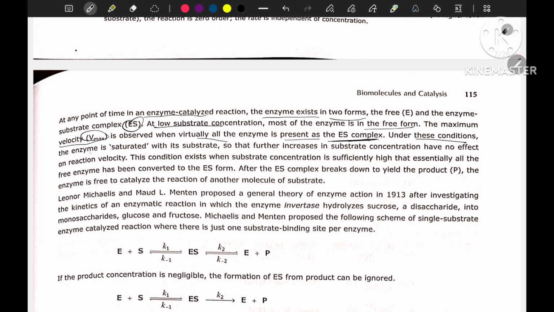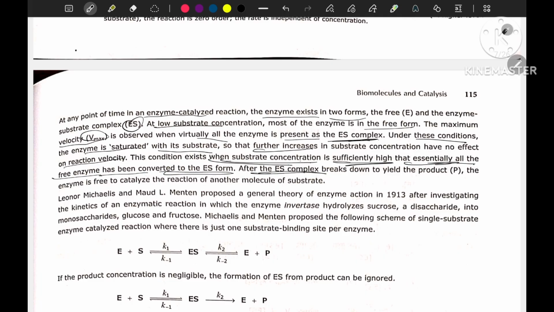Under these conditions, the enzyme is saturated with its substrate, so further increase in the substrate concentration has no effect on the reaction velocity. This condition exists when the substrate concentration is sufficiently high that essentially all the free enzyme has been converted to the ES form.